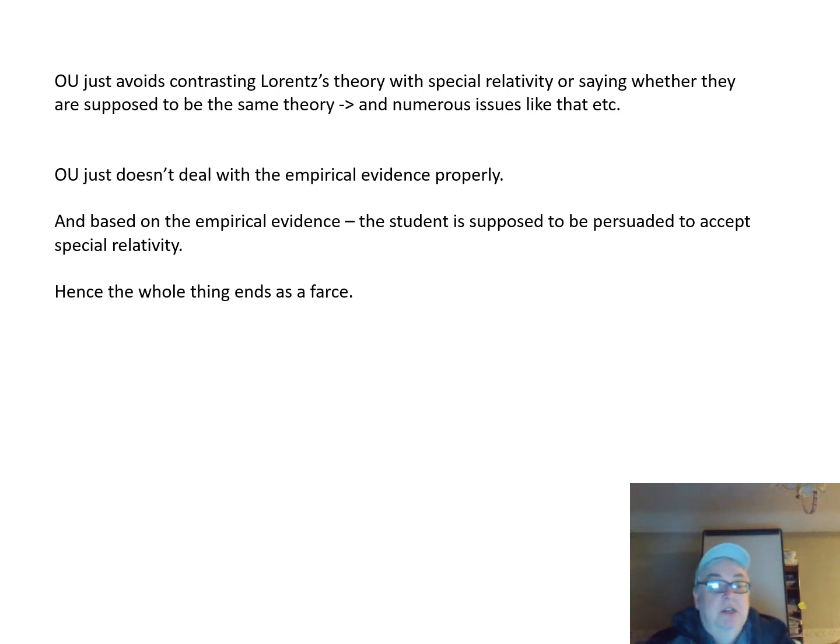Open University just doesn't deal with the empirical evidence properly, and based on the empirical evidence, the student is supposed to be persuaded to accept special relativity, hence the whole thing ends as a farce. Thank you, and that's the end of this little talk.